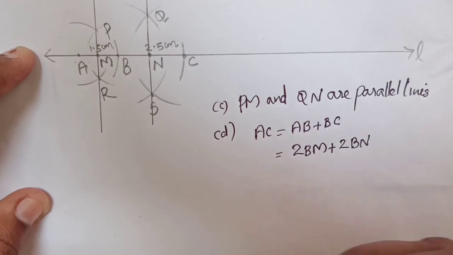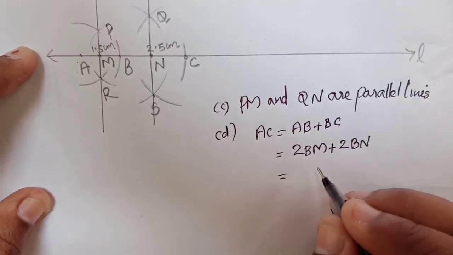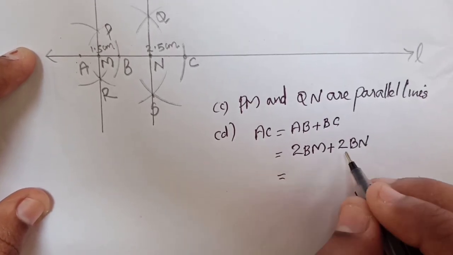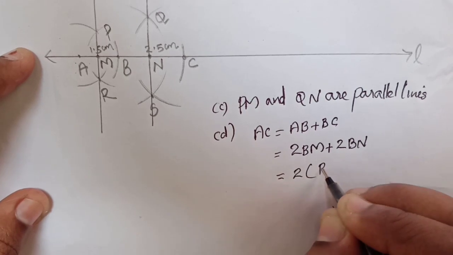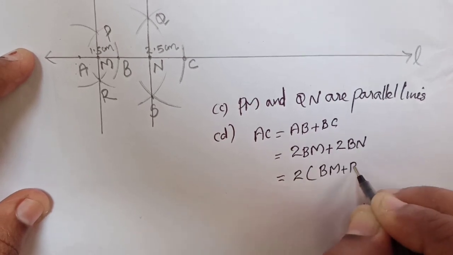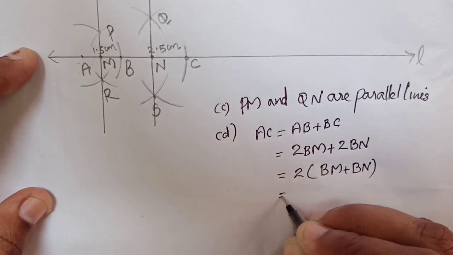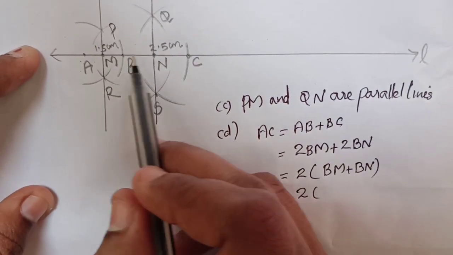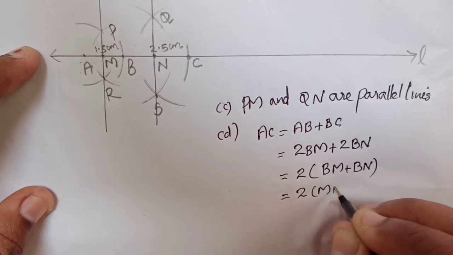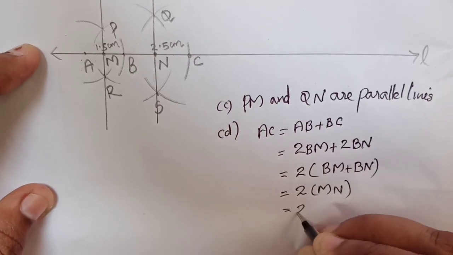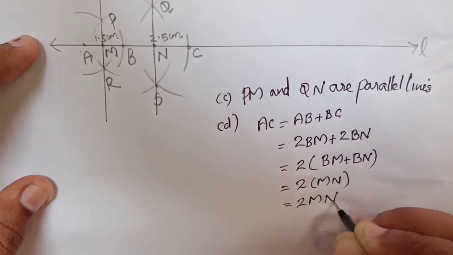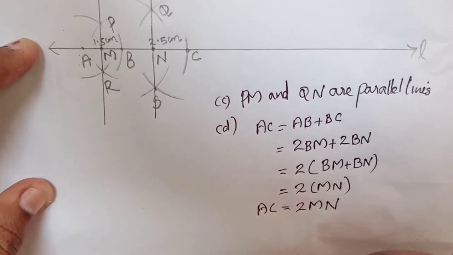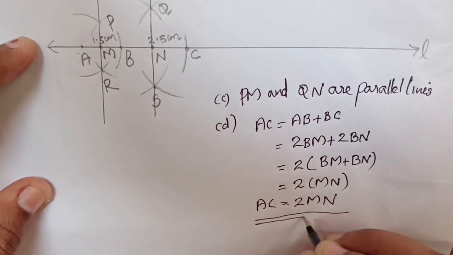Here 2 is common, so take 2 outside: 2 into BM plus BN, and BM plus BN is MN. So 2 into MN. So AC is equal to 2MN.